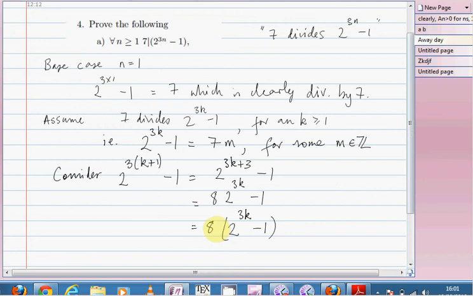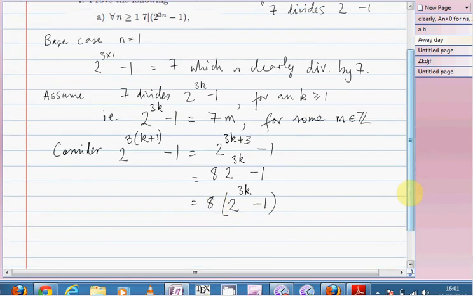But this equation isn't fully right yet. The discrepancy is 7. On the top line I've only got minus 1. On the second line here I've got minus 8, so I need to add on an extra 7 in order to complete the equality. This doesn't really need any justification, it's just algebraic manipulation.